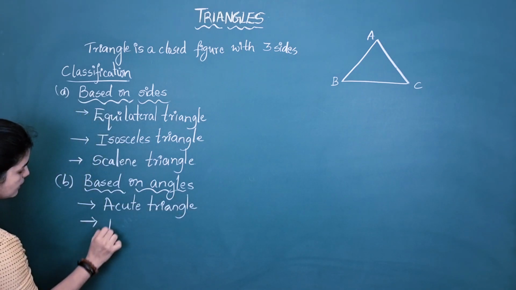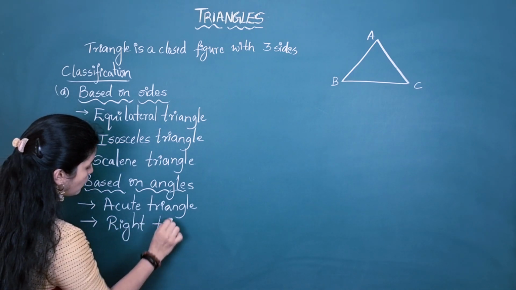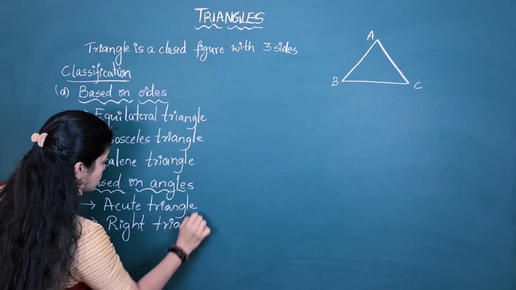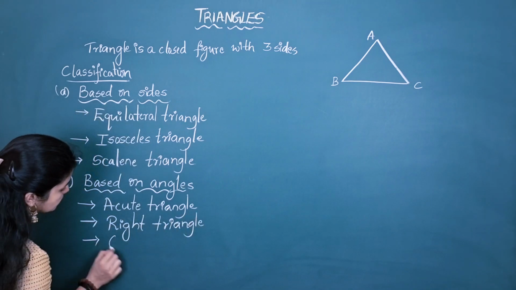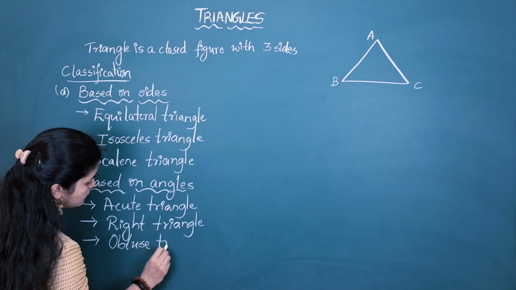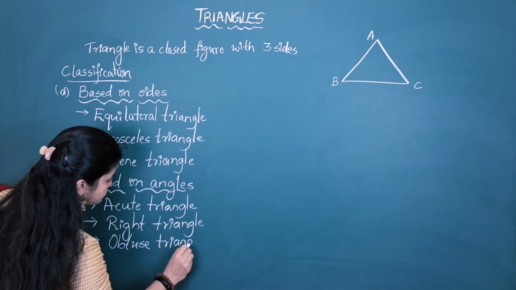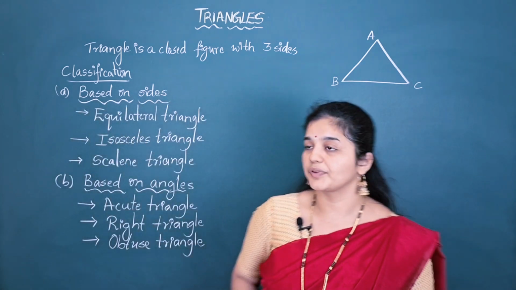Then we have right triangle, and the third type is obtuse triangle. We say obtuse angled triangle, right angled and acute angled. So this is obtuse triangle. So these are the types or classification of triangles.